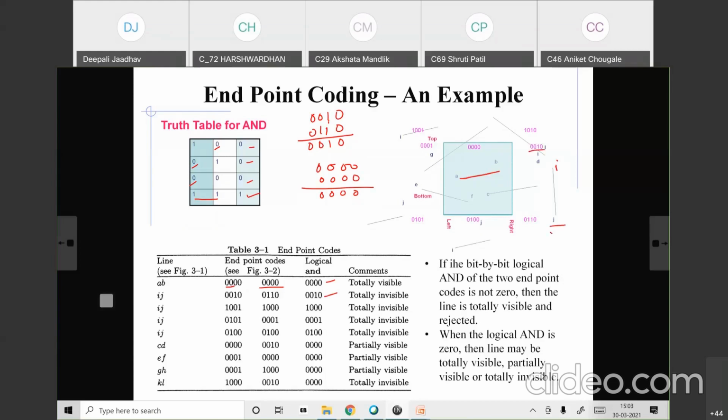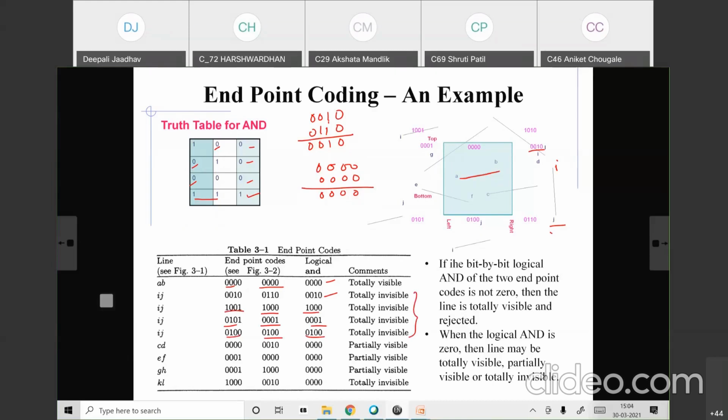When we perform the ANDing of this line, the output is 0010. Next, another IJ line is given here with 1001 and 1000. When we perform the ANDing, it gives this one. This is another IJ. This is the fourth. There are 4 lines, and these 4 lines are totally invisible.